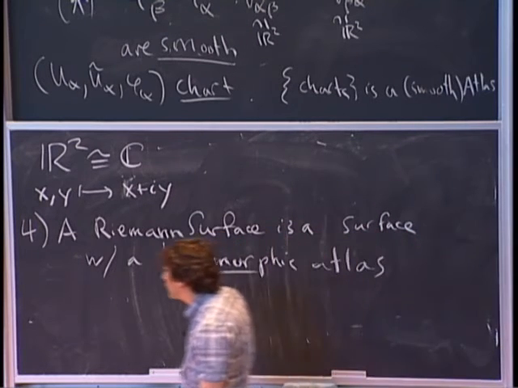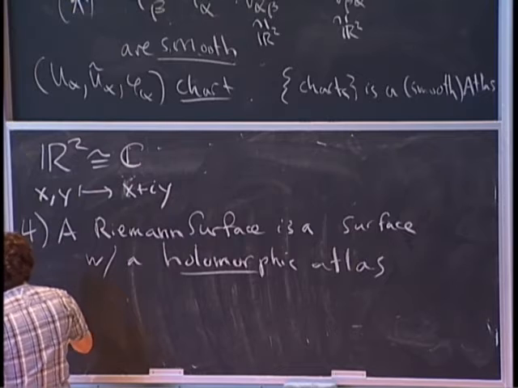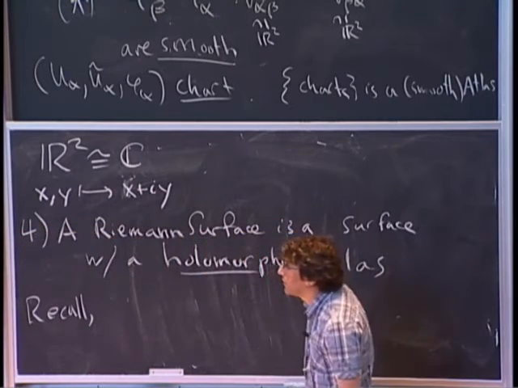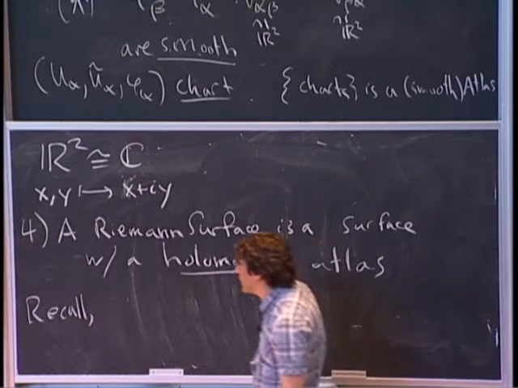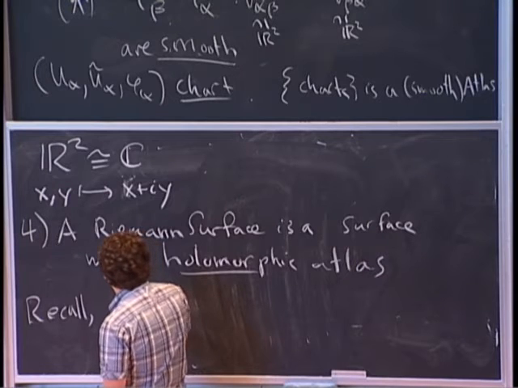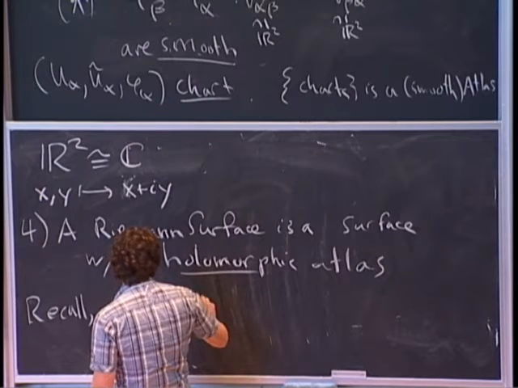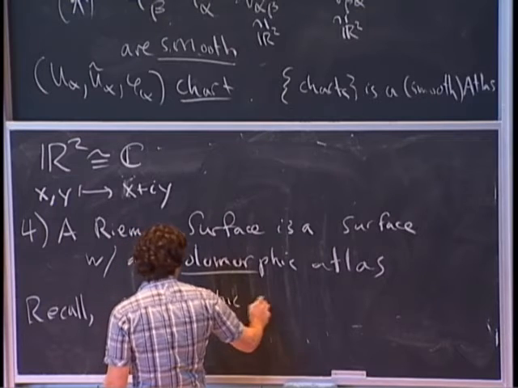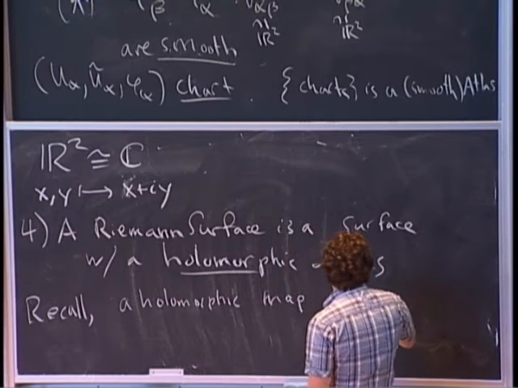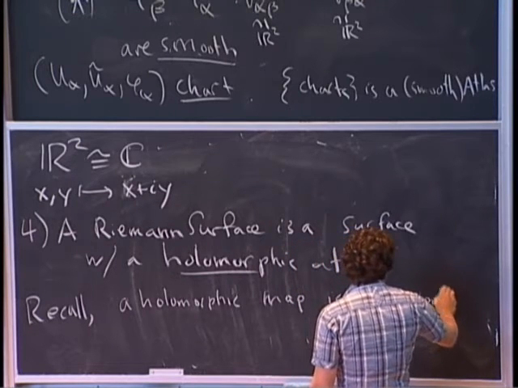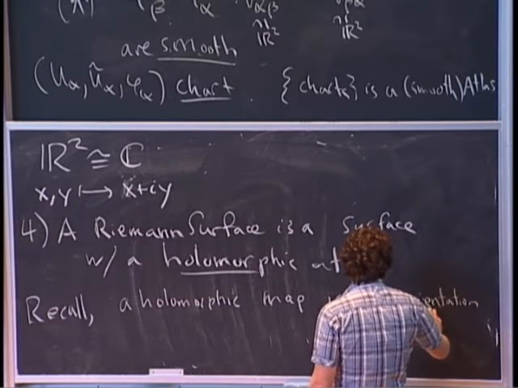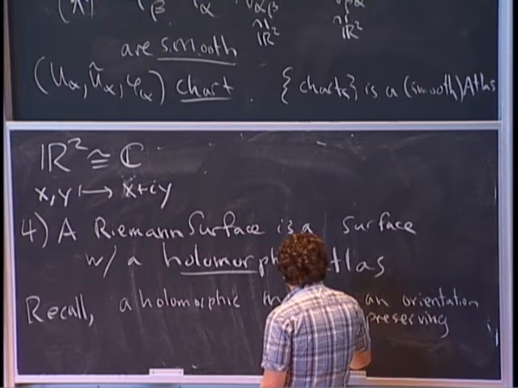You should recall, or maybe verify, and maybe the TAs will do this, that one way to characterize holomorphic maps in C is that a holomorphic map is an orientation preserving conformal map.